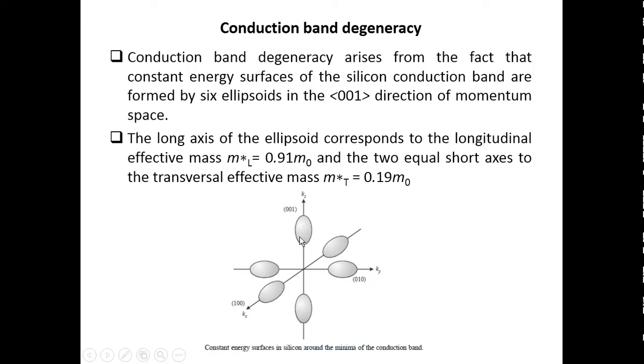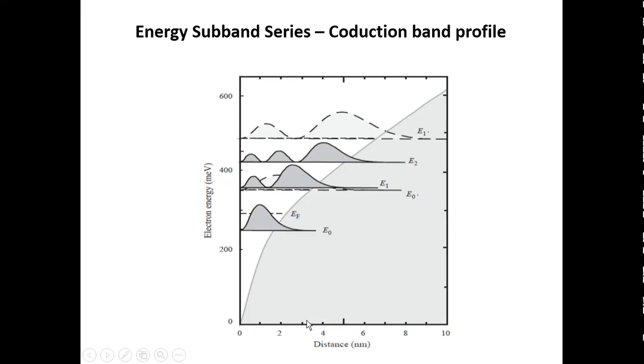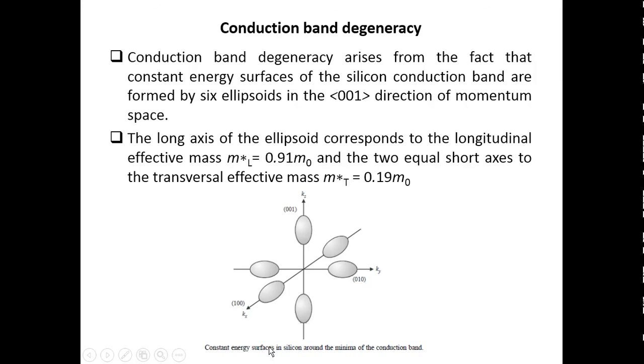If this is the long axis, then this is the short axis. In the short axis, the effective mass of electrons will be 0.19 m0, and for the long axis it is 0.91 m0, where m0 is the mass of the electron.